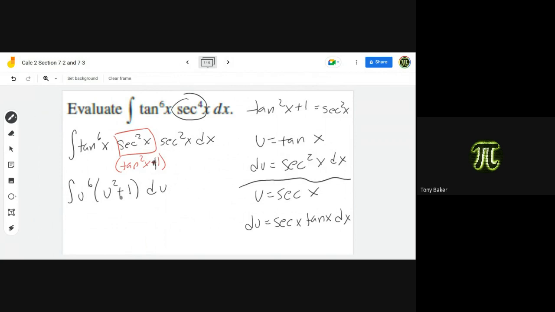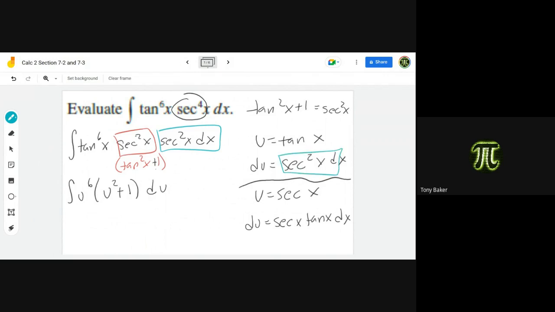There we go. And the secant squared x just becomes du because when our u is tangent x, our du is secant squared x dx. Okay, got it. Just wanted to make sure I was piecing that together. Yep. So this is that.